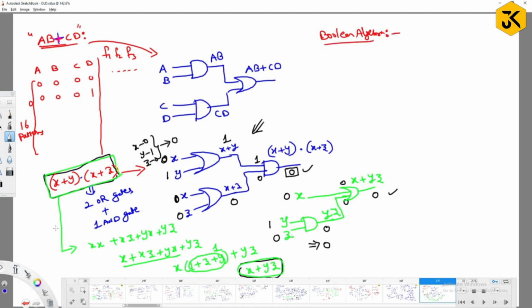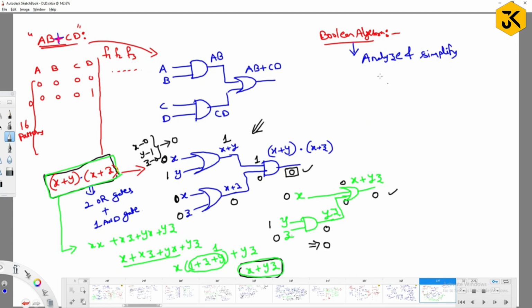Boolean algebra means whatever function you are trying to get, you need to analyze that function and simplify it, to implement a circuit in a simple manner. So Boolean algebra is a concept meant to analyze and simplify the circuit diagram.